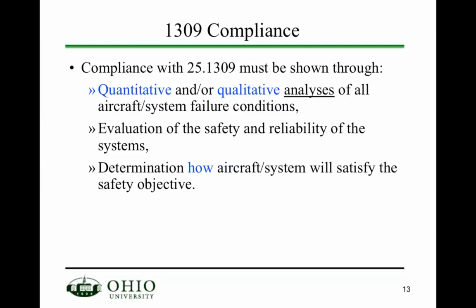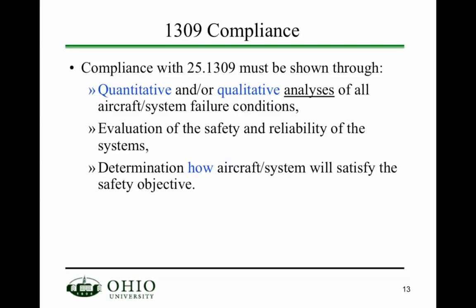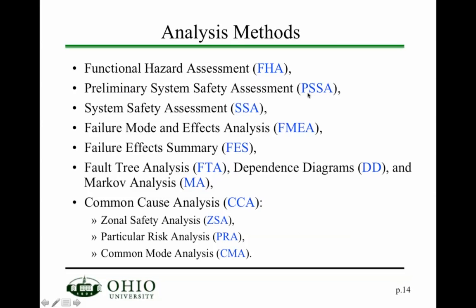In other words, how are we going to guarantee that the probability that a failure occurs is smaller than 10 to the minus 9, for example, if you followed the earlier table. There's a variety of different analysis methods that we're going to talk about right now. The list is here. We're going to talk in a lot more detail about these in the remainder of this module.